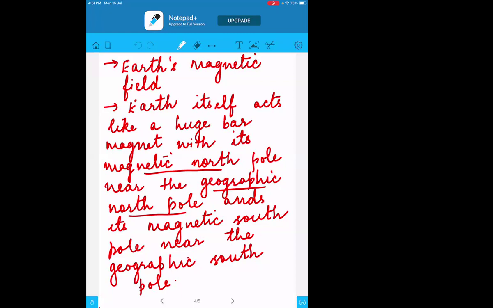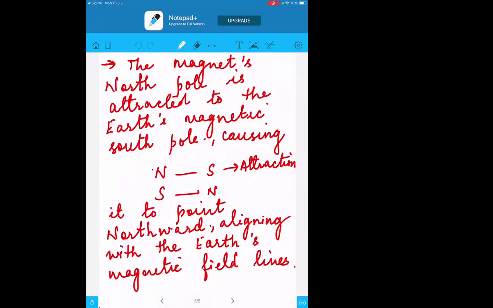But here in this paragraph, they are talking about the bar magnet of the Earth. In that case, that bar will have the North Pole near the geographical North Pole, whereas the Earth's bar magnet has the South Pole near the geographical South Pole. But when it comes to the attraction of the other magnet, the North Pole will definitely be attracted to the geographical South Pole of the Earth.